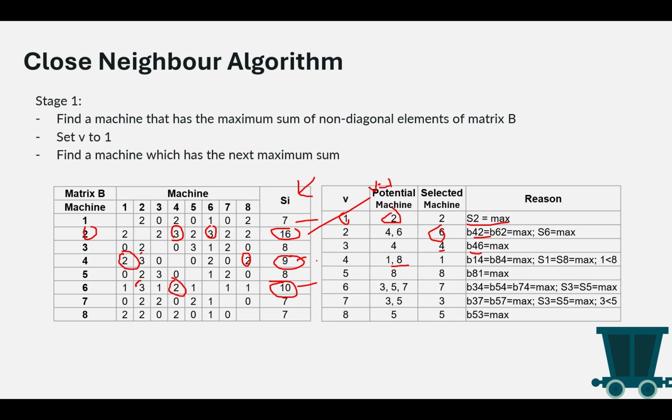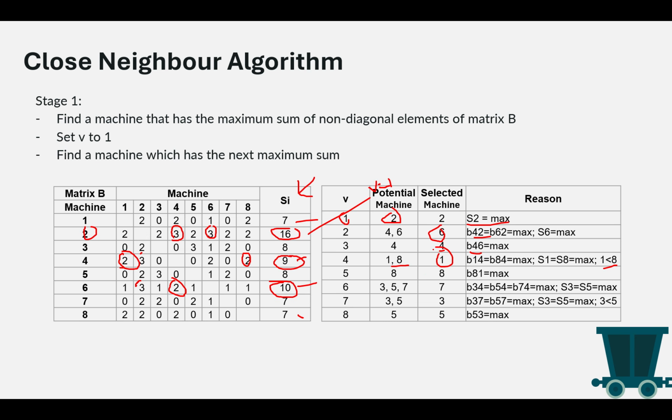Number 1 and number 8 have exactly the same sum, which is 7 and 7, but we can select the lowest index, which is 1, since 1 is smaller than 8.